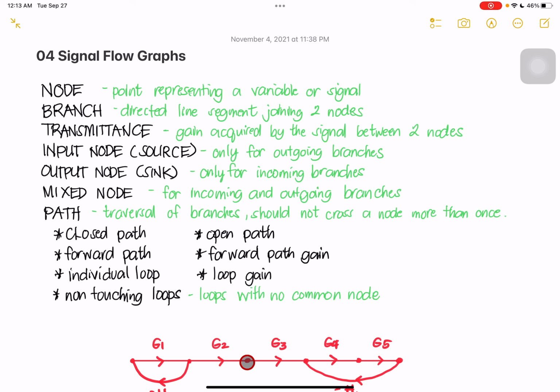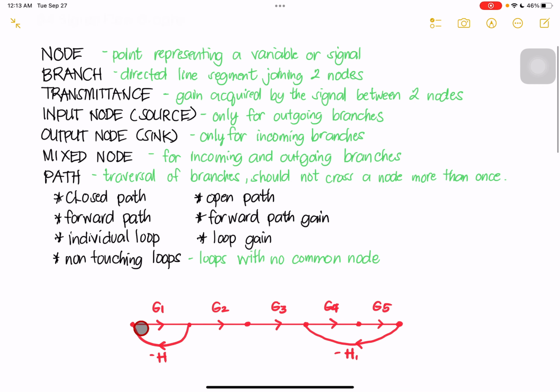Path. Ano naman yung path? Path is traversal of branches and should not cross a node more than once. Not more than once. So, path is from this node, node 1, 2, 3, 4, 5, 6, 7. Okay? So, meron tayong iba't ibang klaseng paths. We have the closed path.